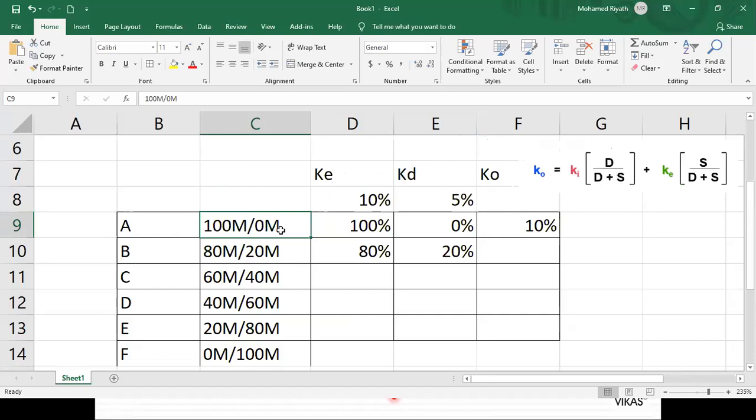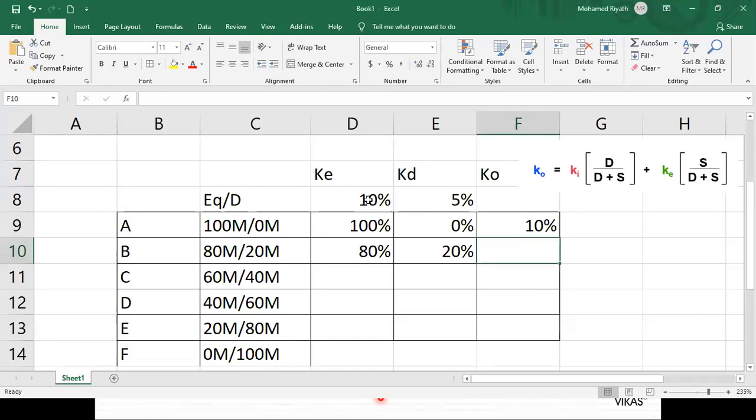How much debt here? 0. Plus KE, that is 10% into share capital 100% over total value. So this is how we have identified this answer. How much is this value? Any answers, please? 9%. Have you got 9%?